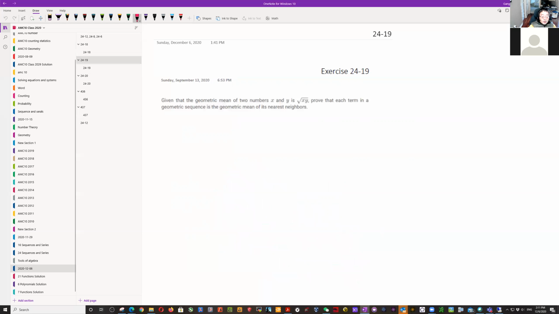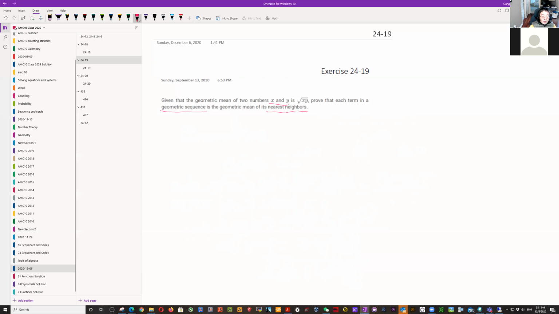And let's try to do this problem. Sometimes you are given a more generic problem: given the geometric mean of two numbers x and y, prove that each term in a geometric sequence is the geometric mean of its nearest neighbors.